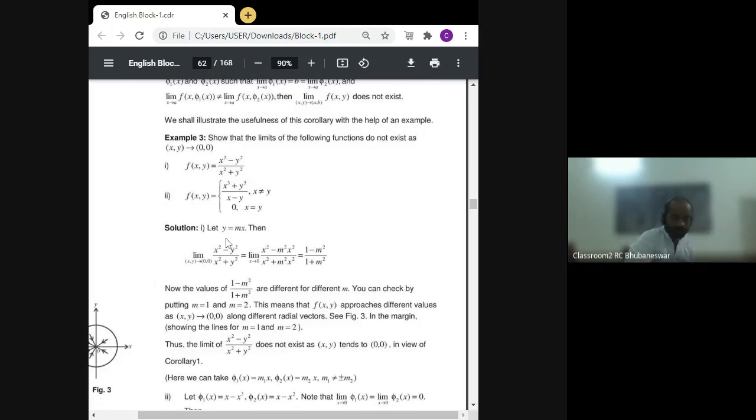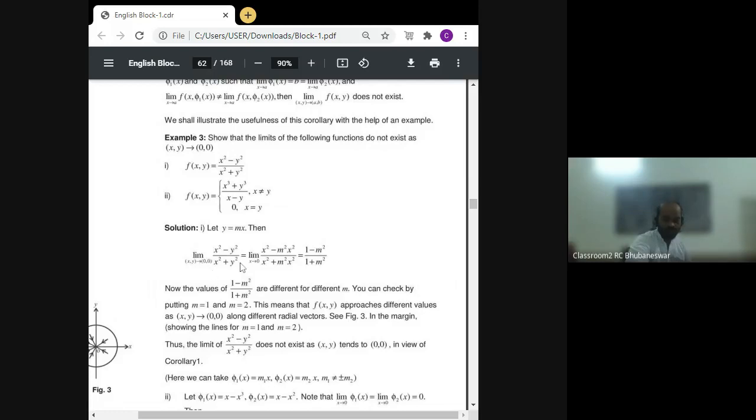As the path for calculating the limiting value is not given, by default we have chosen a path here, and that path is a straight line in the form of y equal to mx plus c. That is the path we are choosing to move from the point xy to the point 0, 0 or origin.